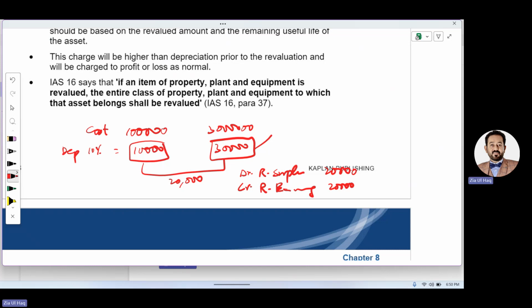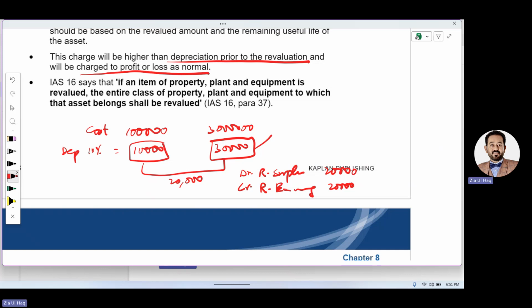Now we are getting more depreciation here, and for that we will record the entry. The higher the valuation, the higher the depreciation charged to profit or loss as normal.